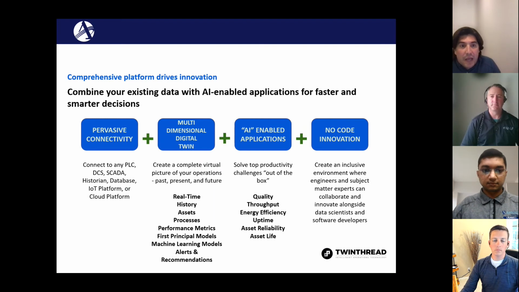The architecture really enables a virtual picture of your operations, and in the case of factories, also within facilities, based on the development of AI-driven solutions that can rapidly be operationalized and rolled out across the fleet of assets.